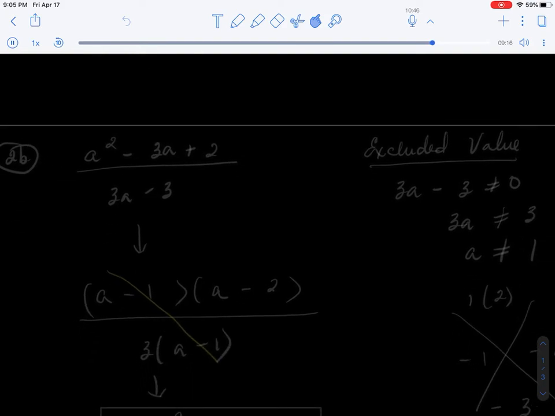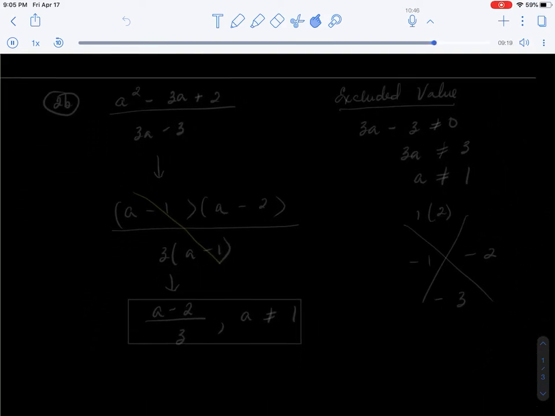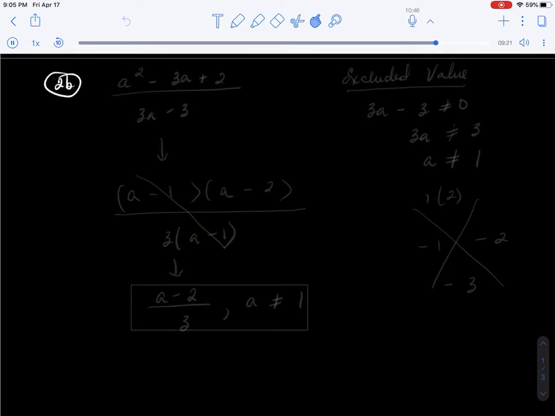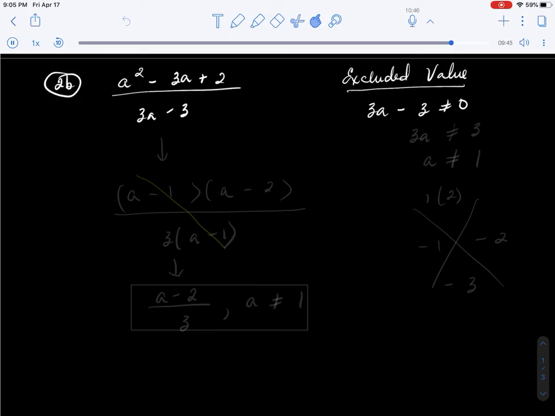Let's take one more. I have 2b: a squared minus 3a plus 2 over 3a minus 3. Let me do the excluded value. 3a minus 3 cannot equal 0. 3a cannot equal 3. Therefore, a cannot equal 1. Let me factor the top.